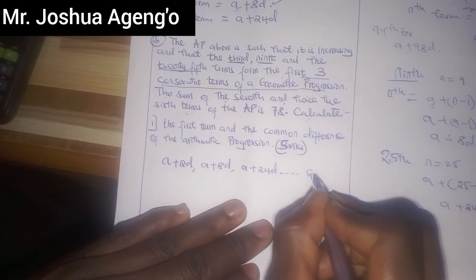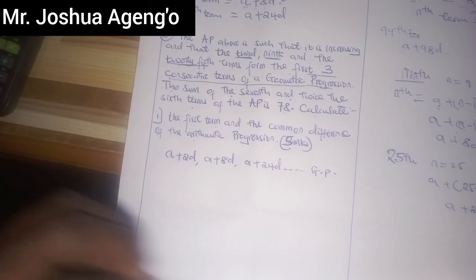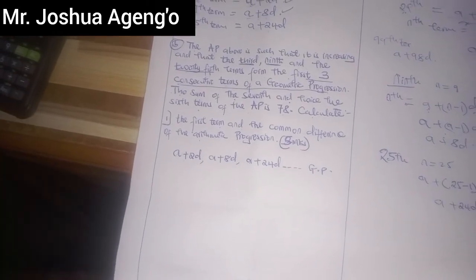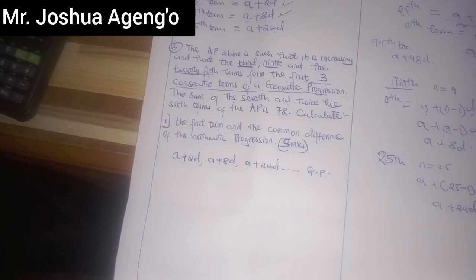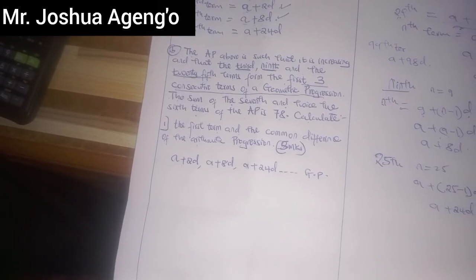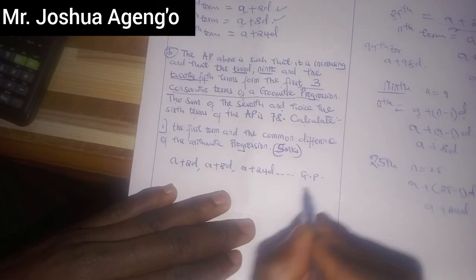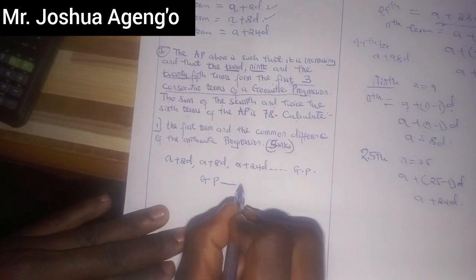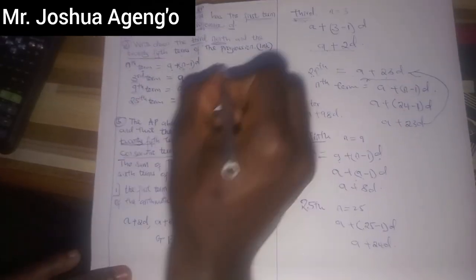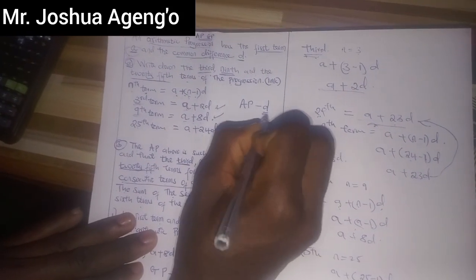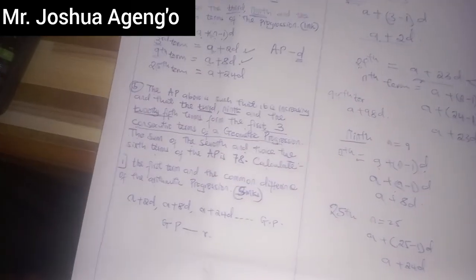Then this one will be a GP, a geometric progression. But I said when I was commencing the lesson that in GP, instead of a common difference, we now have a common ratio. In GP, we have a common ratio denoted by small letter r, whereas in AP, we had a common difference denoted by small letter d. Very, very important, please.